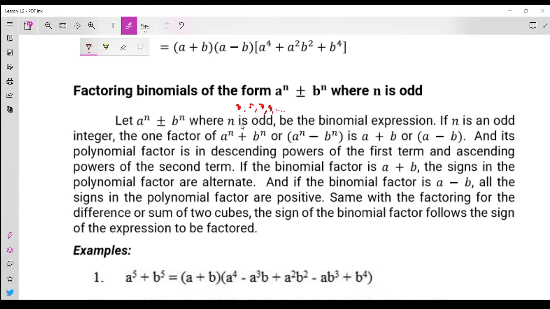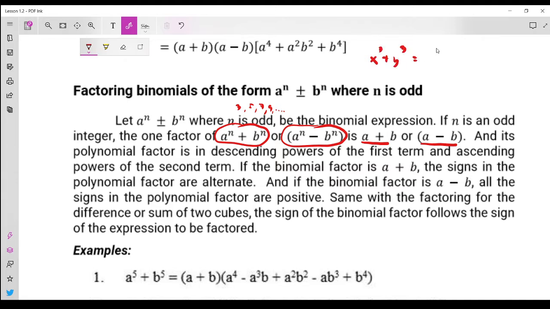So if this one is our expression, then this is our first factor, and if this one is our expression, then this one is our second factor. The other factor is in descending powers of the first term and ascending powers of the second term. This is similar to factoring x cubed plus y cubed.